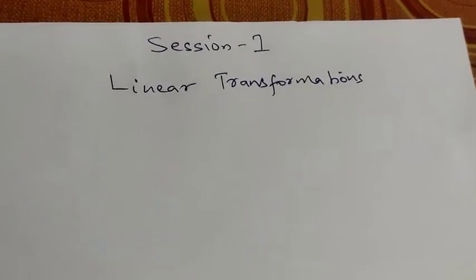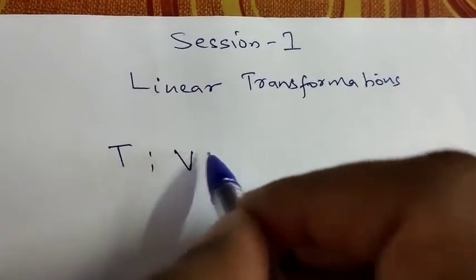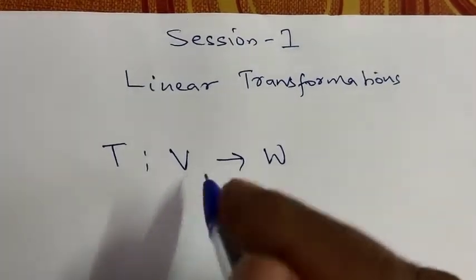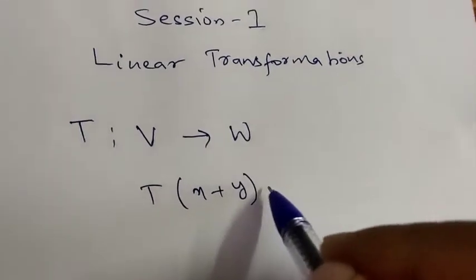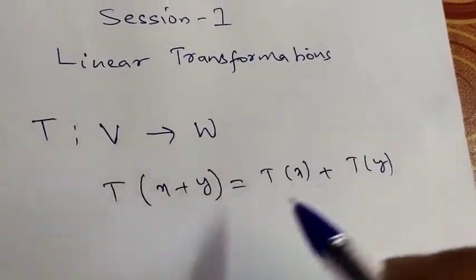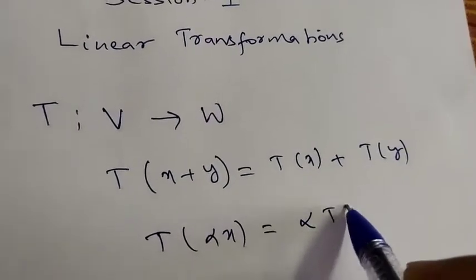There we have studied one particular property, that is the homomorphism. What is a homomorphism? A homomorphism from a vector space V into a vector space W is a mapping such that T of x plus y is T of x plus T of y, and T of alpha x is alpha times T of x.